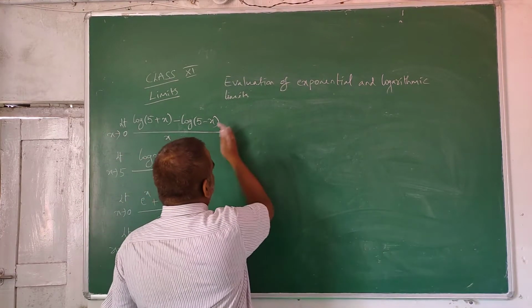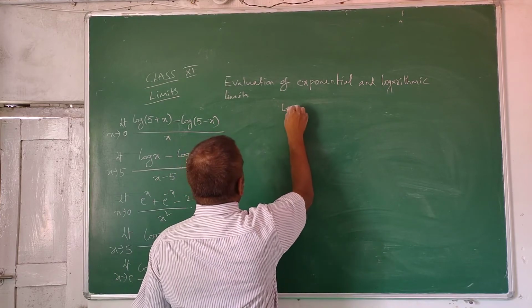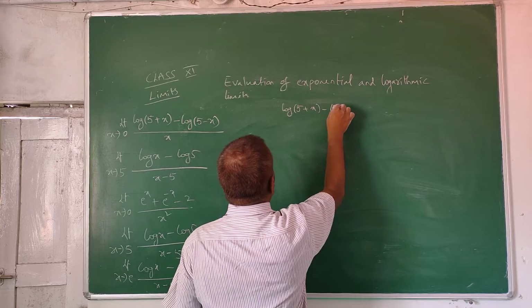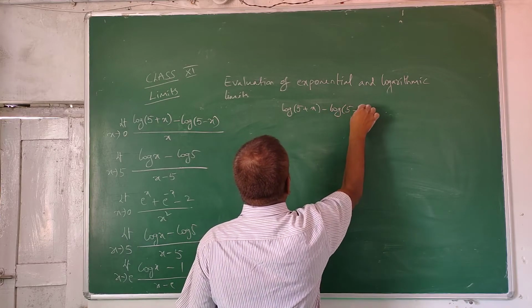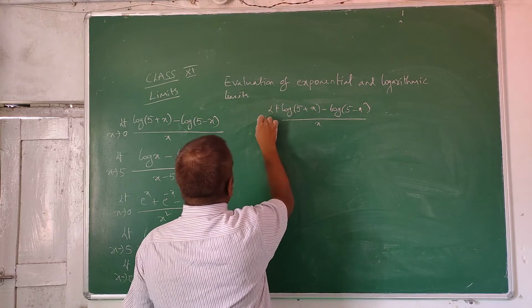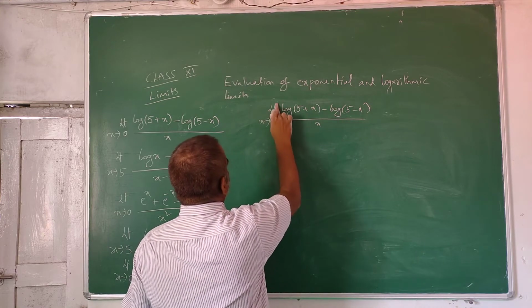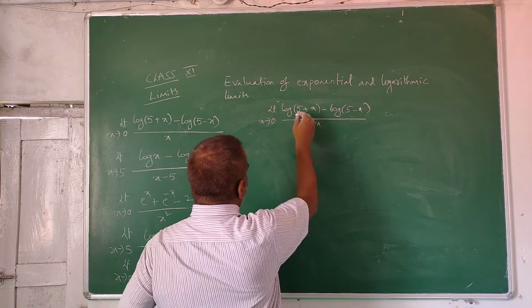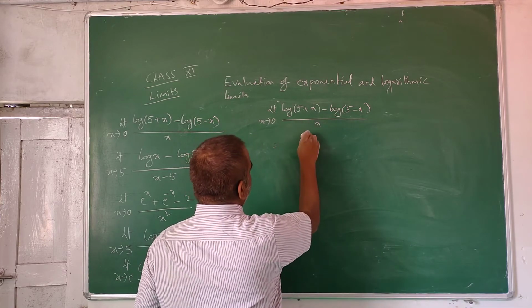So our next problem is to evaluate the limit of log of 5 plus x minus log of 5 minus x divided by x, limit extends to 0, using the available standard forms of the limits. So now what I am doing is I am splitting the fraction.